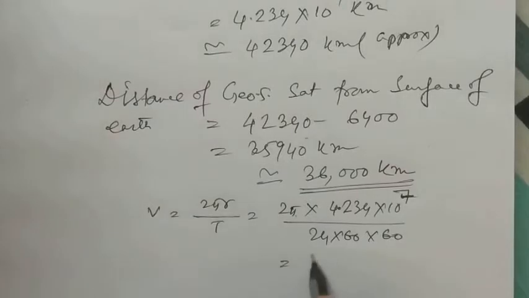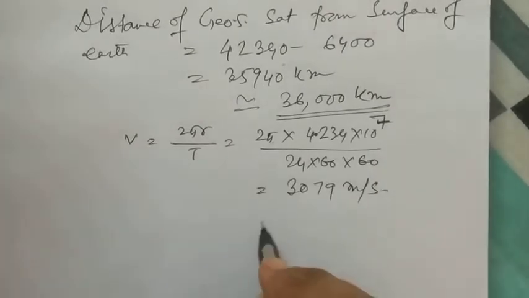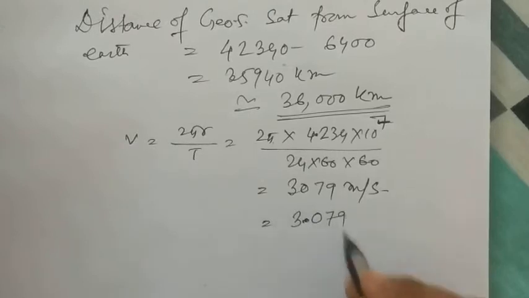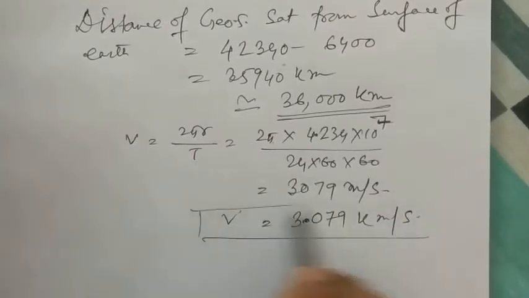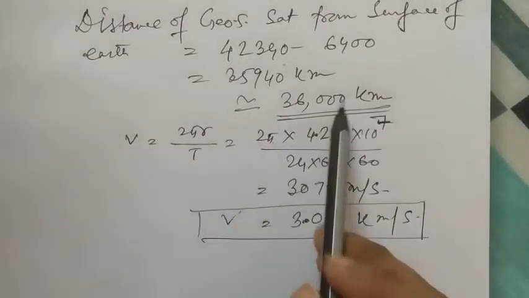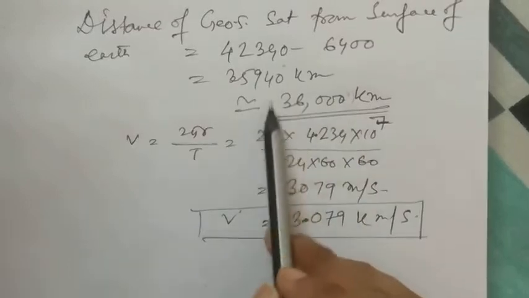Now from that we can calculate 3079 meters per second, and converting this to kilometers per second, 3.079 kilometers per second. So this is the value of orbital speed of the geostationary satellite, and this is the distance of the geostationary satellite from the surface of the Earth.